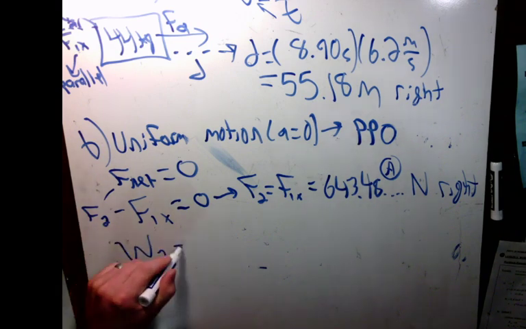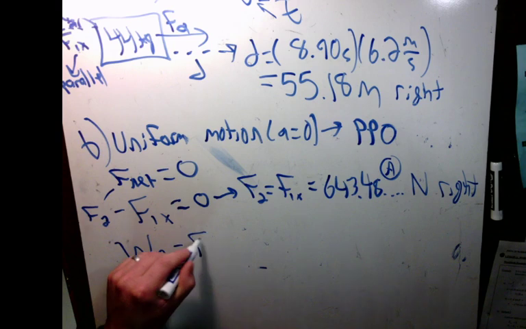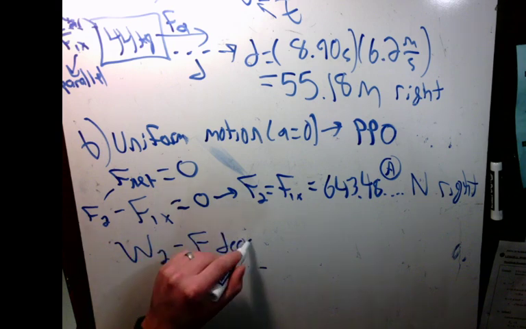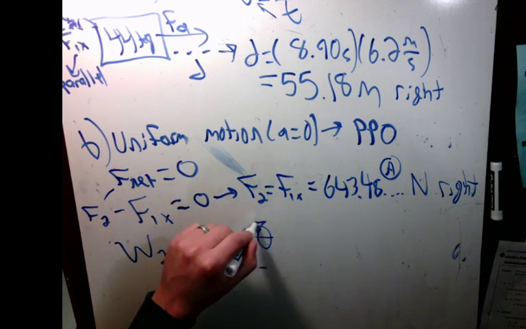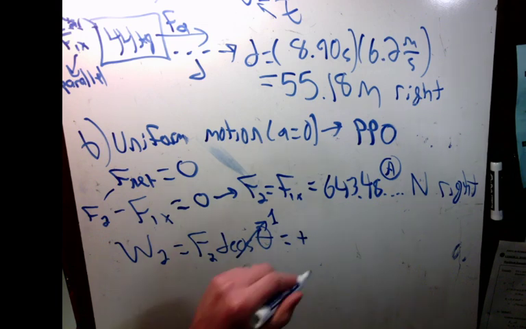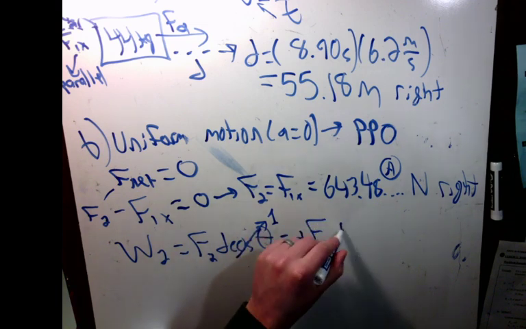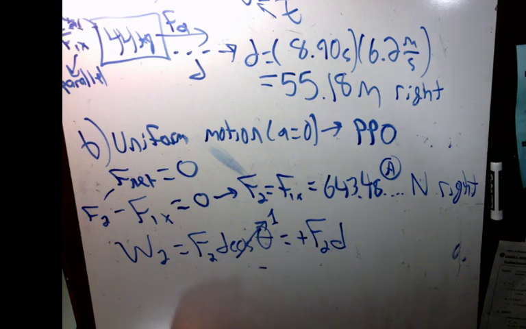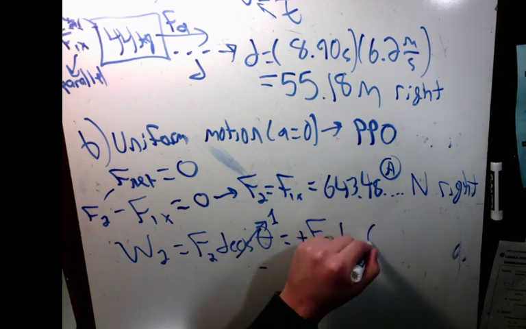Work done by 2 is equal to F2 d cosine theta. This is nice and easy. That equals 1 because we're parallel. It is positive because we're in the same direction, F2 and our displacement. Right?